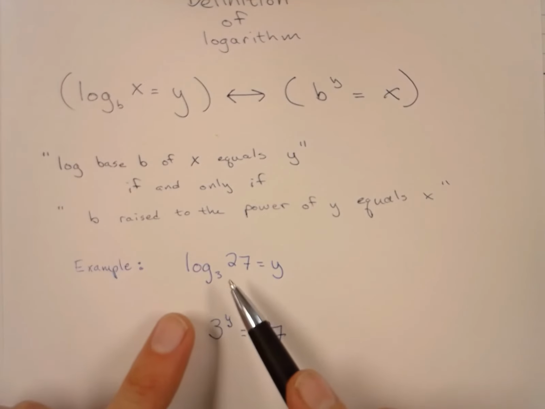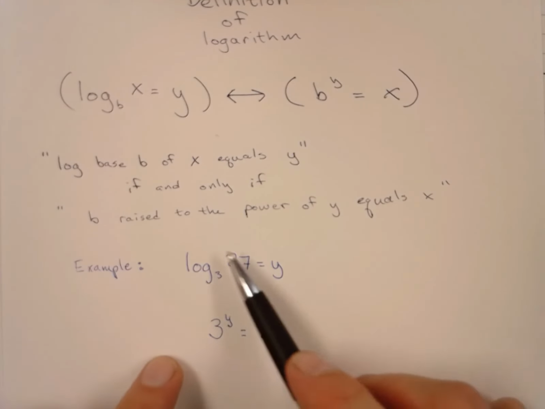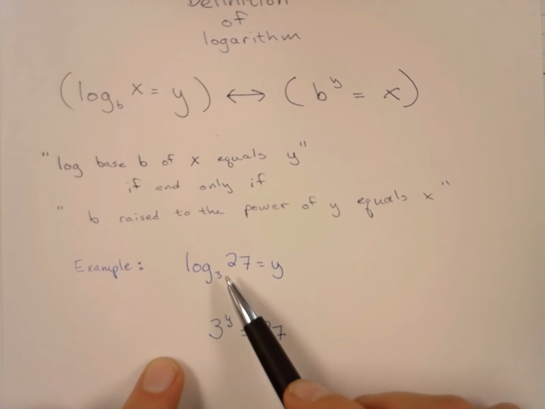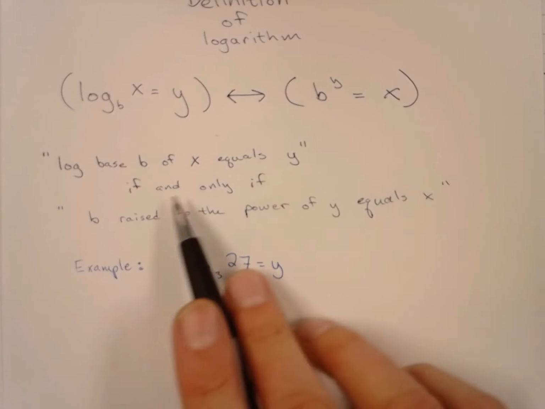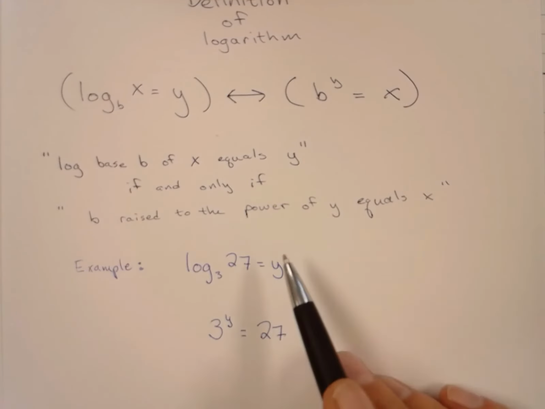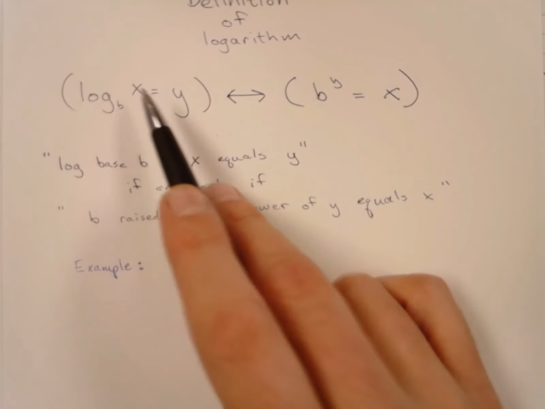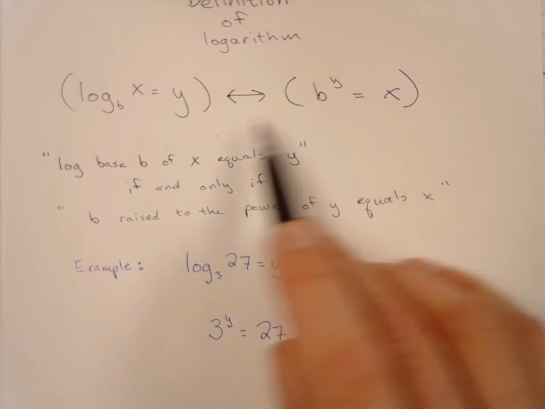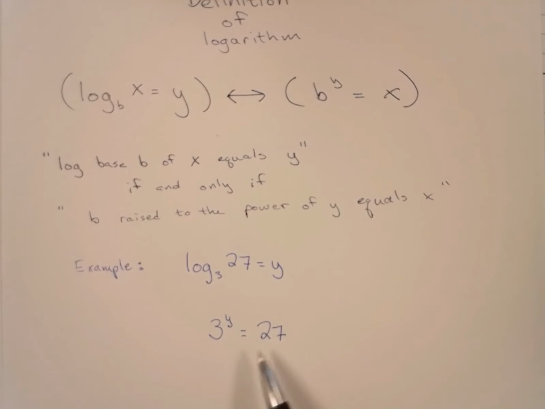So log base 3 of 27 is effectively asking, what exponent power do I raise 3 to get 27? If you use this definition and just substitute the base, the x value and the y value, and convert it from logarithm to exponential form, then it becomes a little clearer.